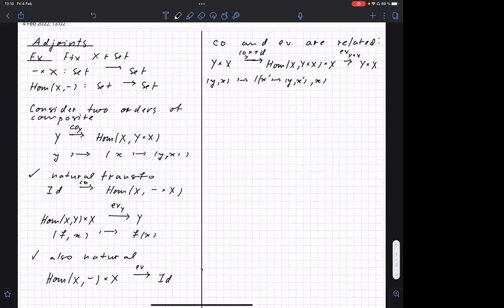So all I do is replace x prime with x. So that goes to y cross x. So this composite, which is evaluation on y cross x, precomposed with the co-evaluation cross the identity on X, is just the identity on y cross x.